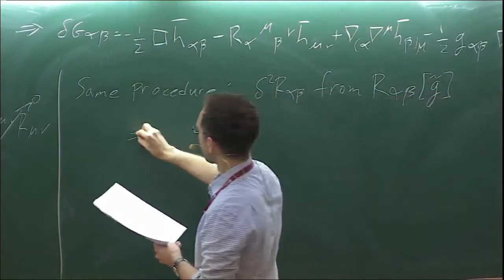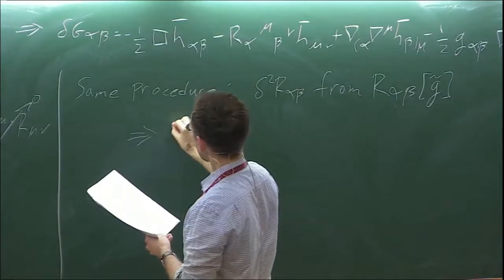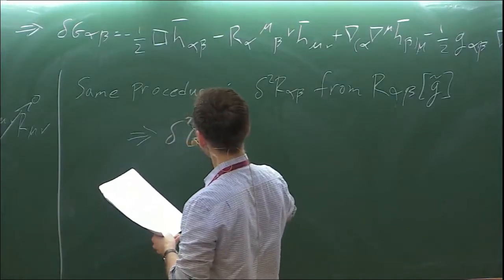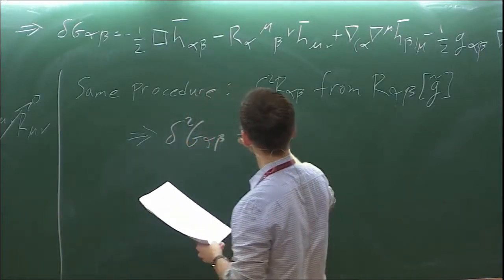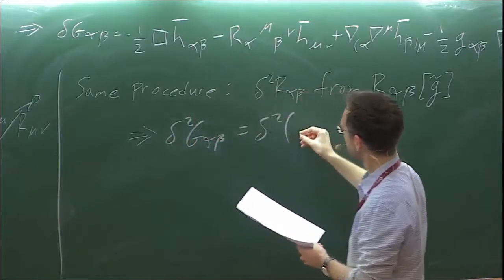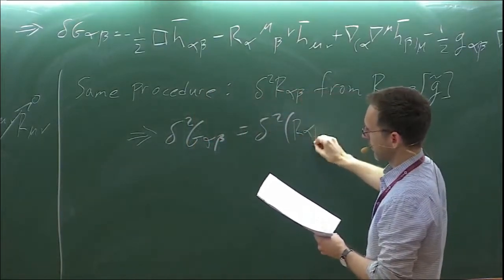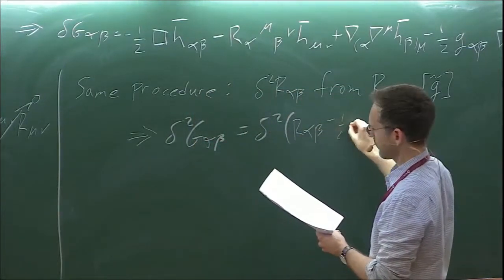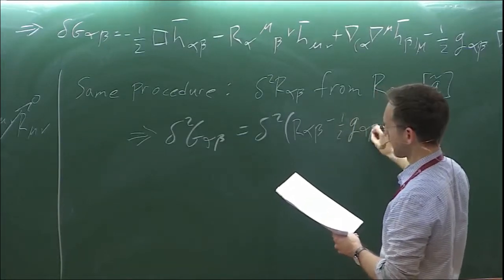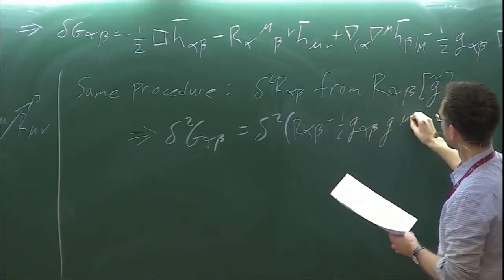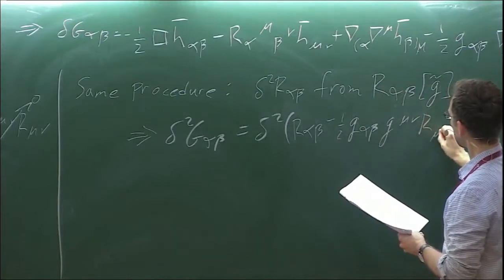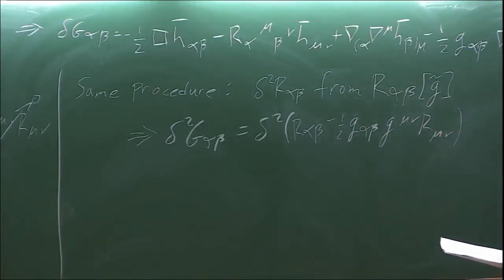And then you have the delta squared G alpha beta is just delta squared of R alpha beta minus a half g alpha beta g mu nu R mu nu. So you again pick off the quadratic terms here.